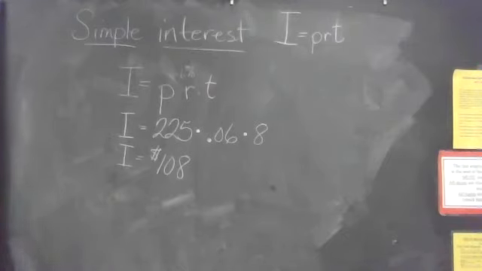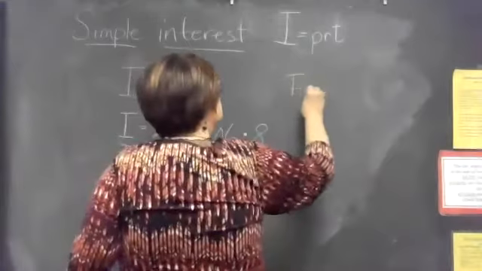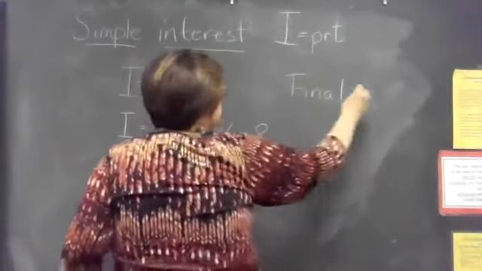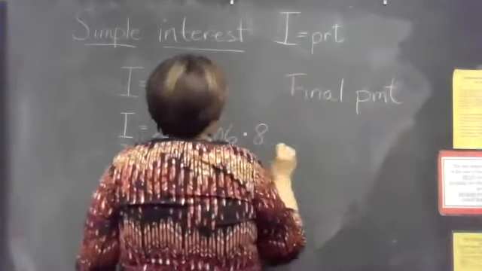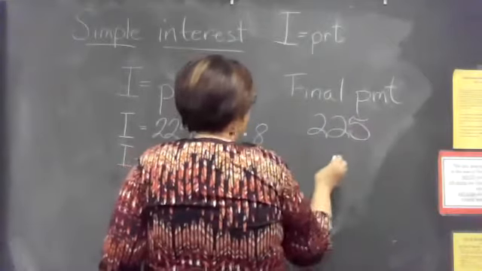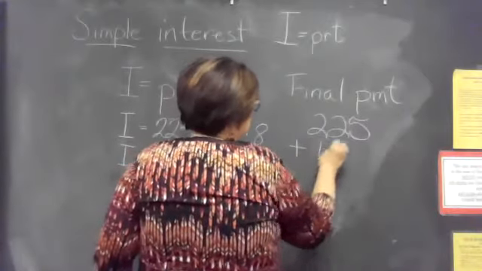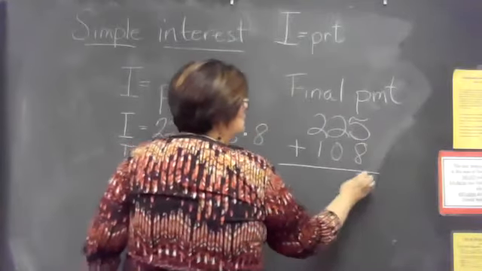So when you finish paying back, the final payment will be the 225 plus the interest that was accrued during the 8 years.